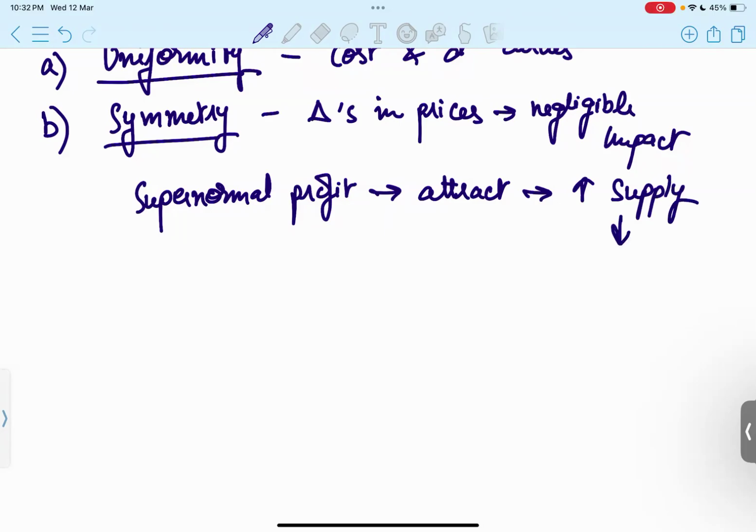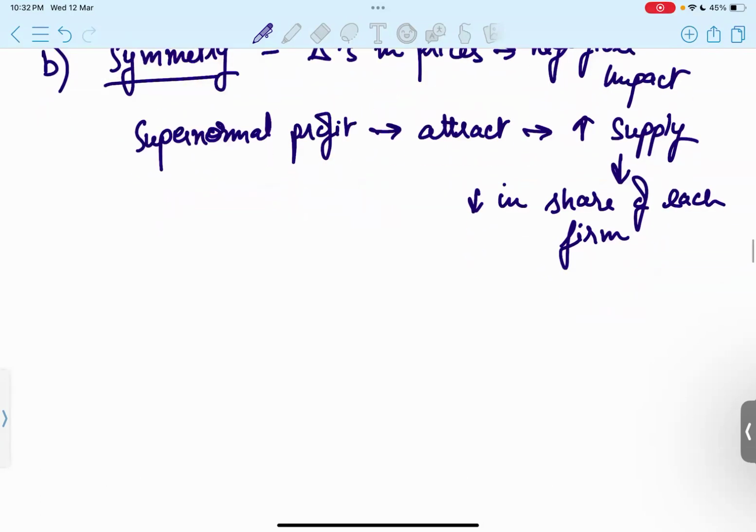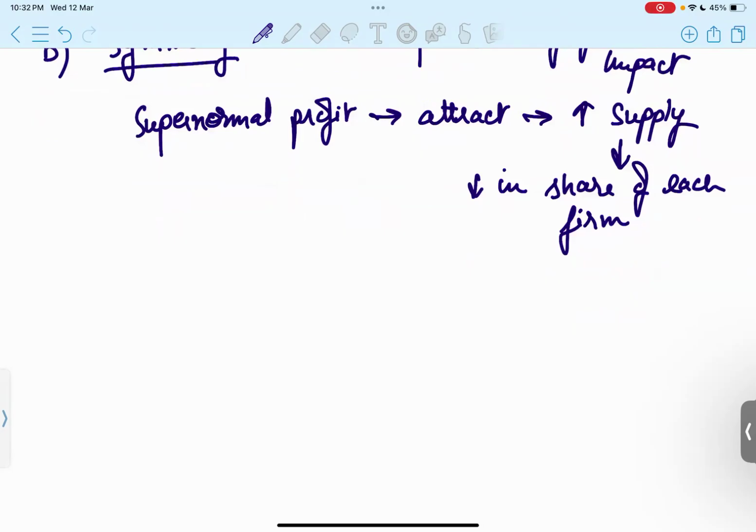This would lead to a decline in the market share of each firm because the number of firms has increased. So it will lead to more division of the output share that they would now have command over. And in a way, the market concentration would also decline because of this.